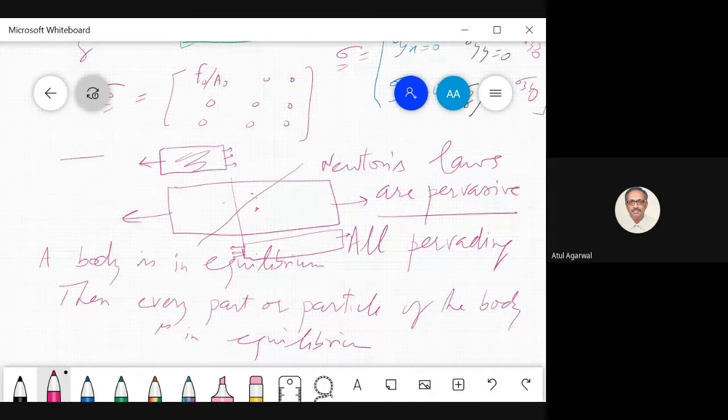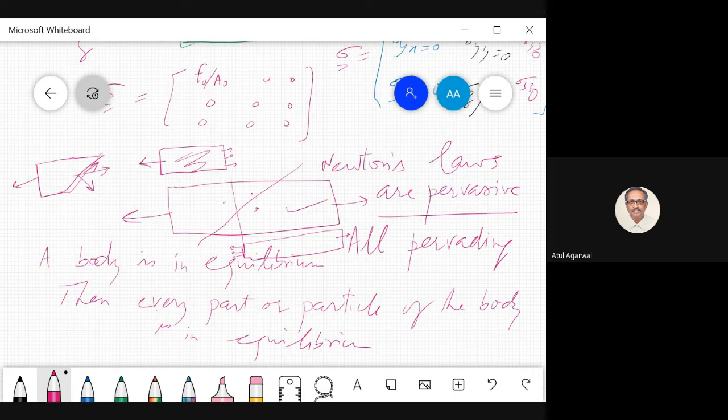Now, the forces are like this. So this fellow will be held by forces coming onto this half. If there is a force like this, the net effect has to be like this. So the forces may be normal to the surface and tangential to the surface, but the net effect has to equilibrate against the external force.